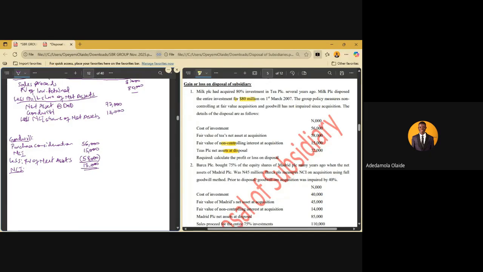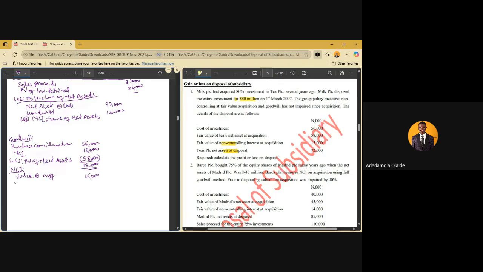So to calculate the NCI, we have value at acquisition. Value at acquisition is how much? 15,000.